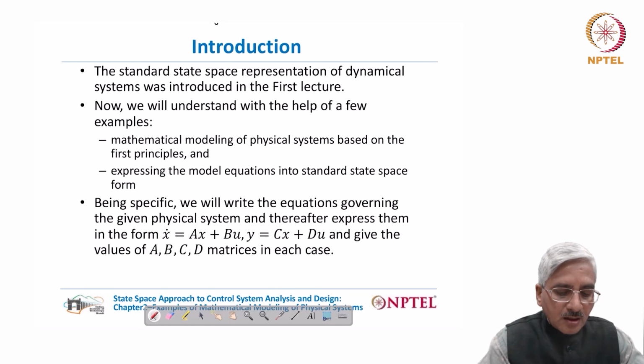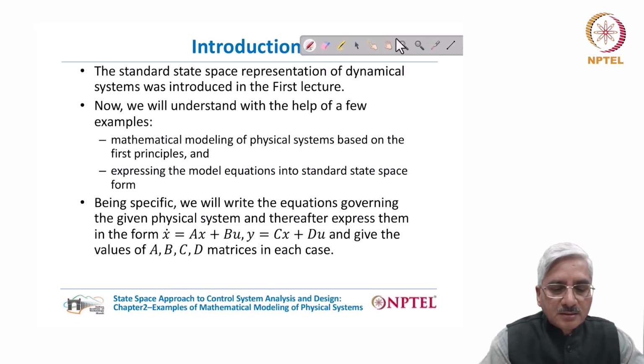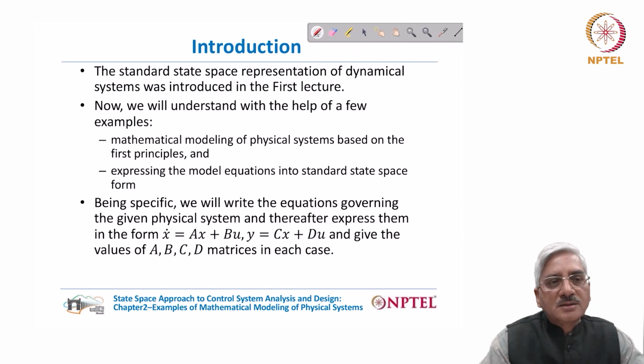Governing equations are obtained on the basis of first principles, which means laws such as Kirchhoff's current law or Kirchhoff's voltage law or thermodynamic principles or equations of motion or equations of chemical kinetics, principles of mass balance, heat balance, etc. So these are the first principles, and based on that we work out the mathematical models.